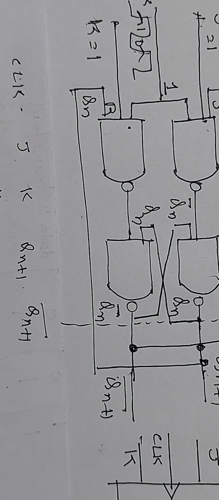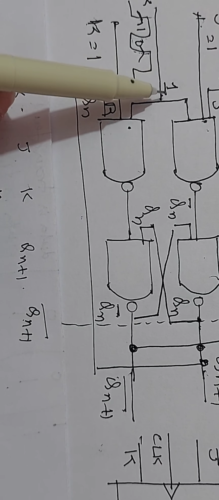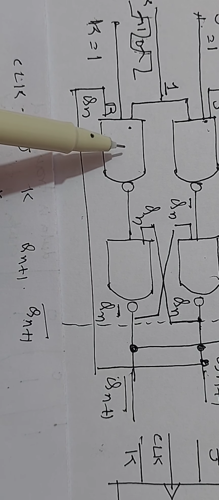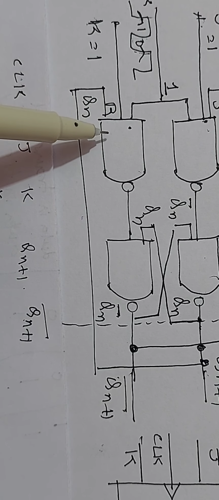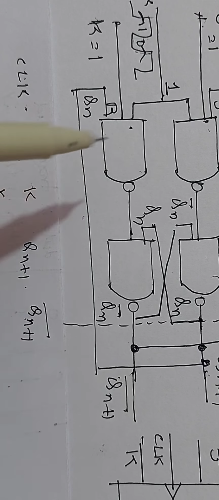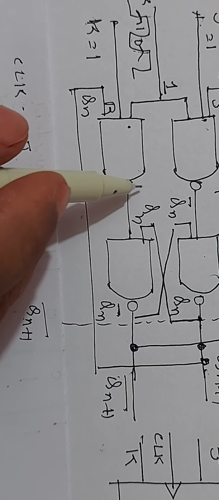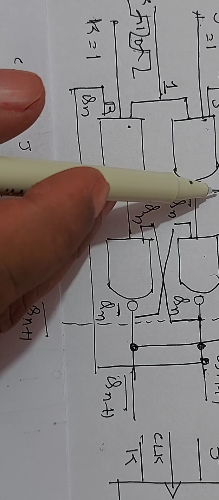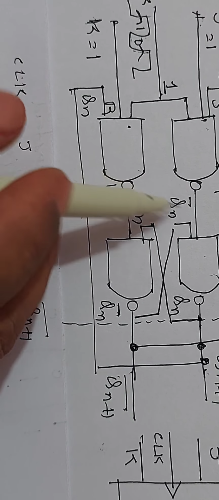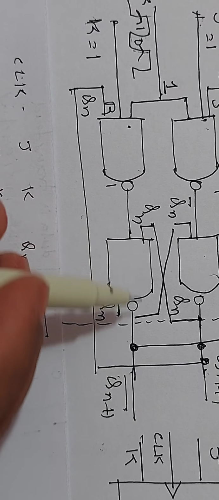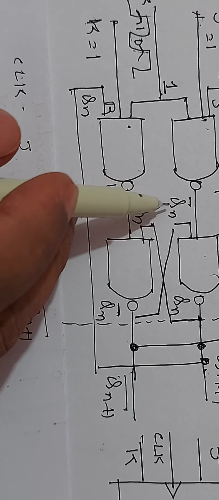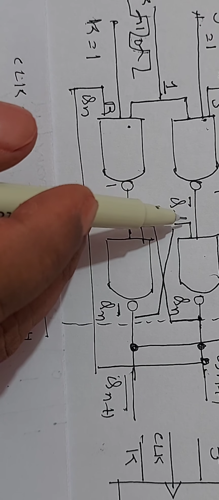See, when clock input is 0, the input of this NAND gate is 0, and the input of the other NAND gate is 0. If any one of the inputs of a NAND gate is 0, the output is 1, so we get 1 and 1. When these outputs 1 and 1 are taken as the input, Qn bar is taken here. 1 into Qn bar is Qn bar.